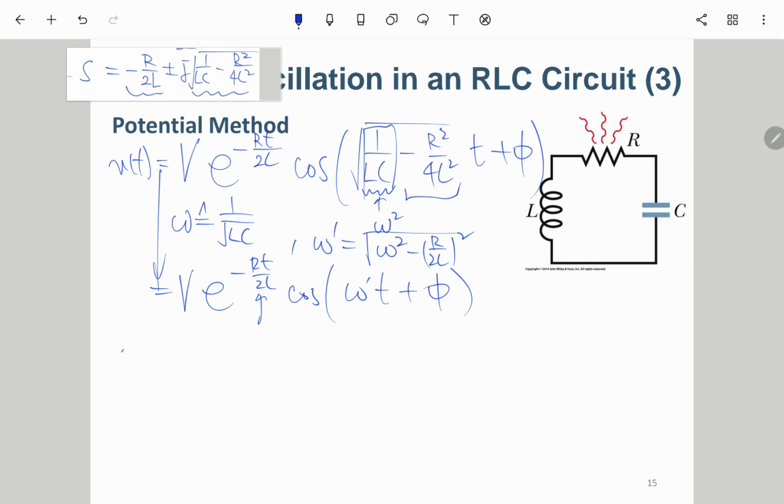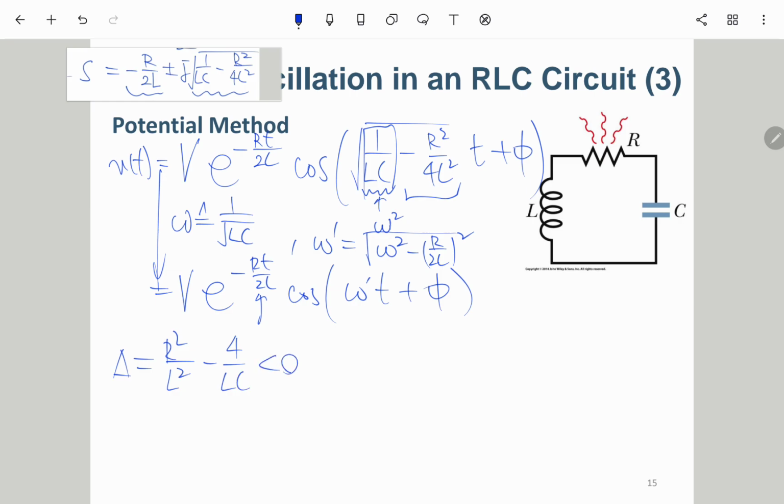And we have delta equals R squared over L squared minus 4 over LC to be smaller than 0.